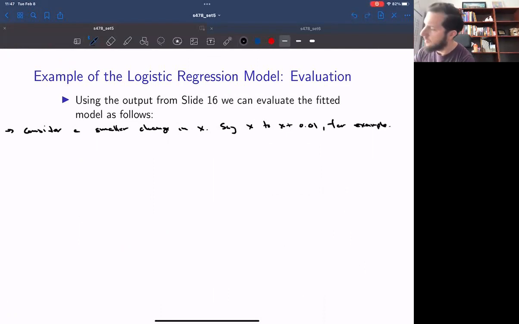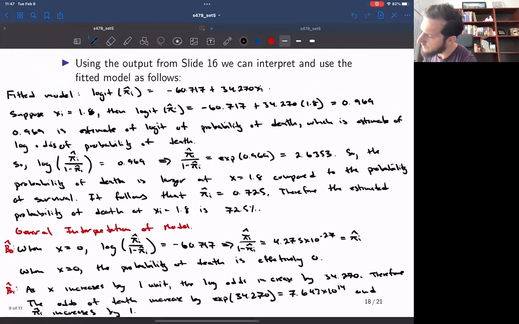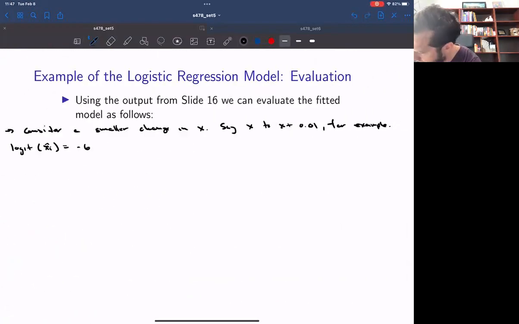Okay. So if we were to consider the two models, we would have logit pi_i is equal to negative 60.717 plus 34.270 x_i.